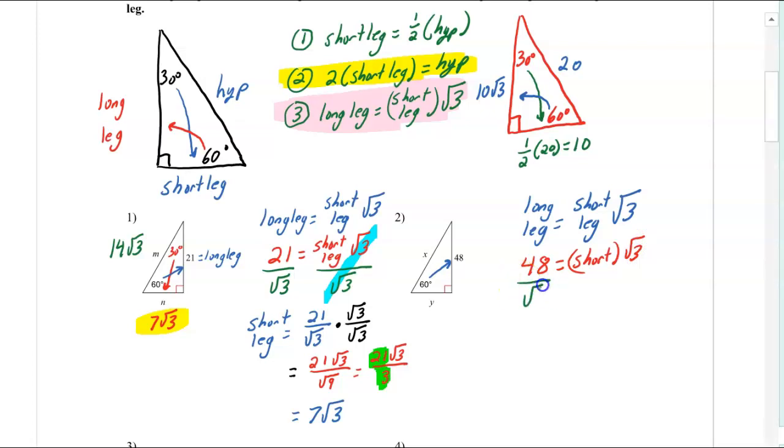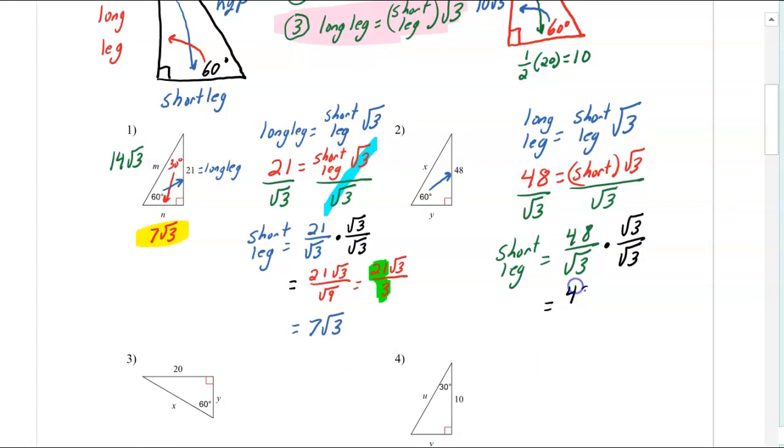I'm going to divide by the square root of 3. So that tells me that the short leg is equal to 48 over the square root of 3. Again, I'm going to rationalize by multiplying by square root of 3 over square root of 3.